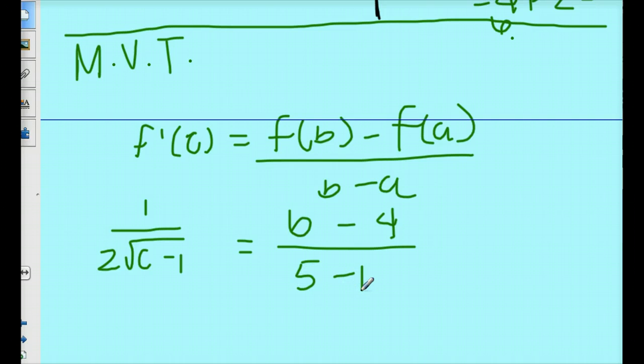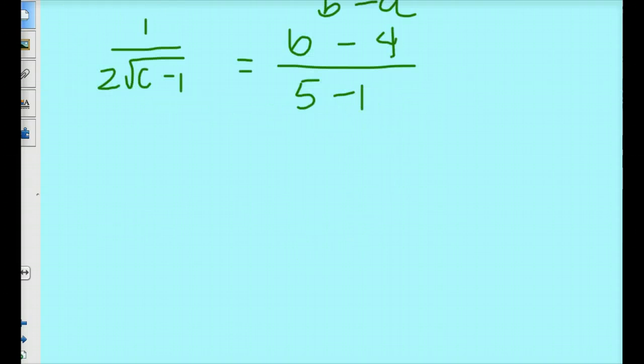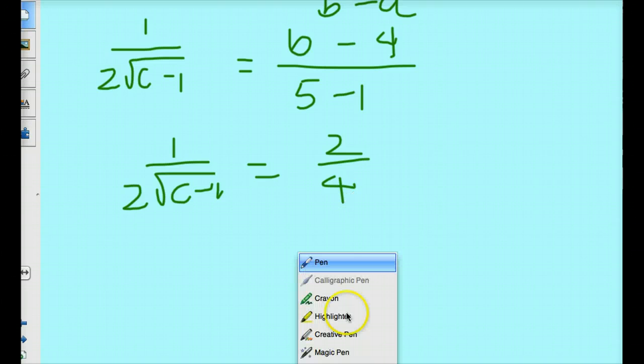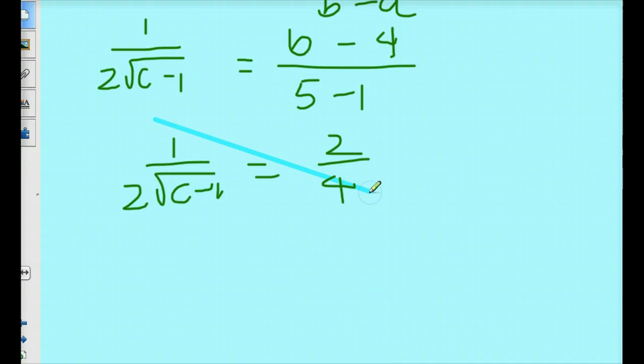So if we continue to solve this, and now this just all becomes algebra, we get 1 over 2 radical c minus 1 is equal to 2 over 4. We cross multiply, right? So I'm going to cross multiply here, then cross multiply here.